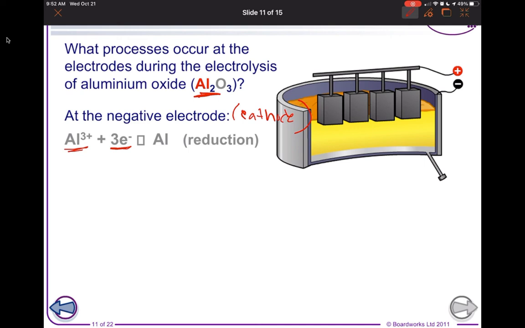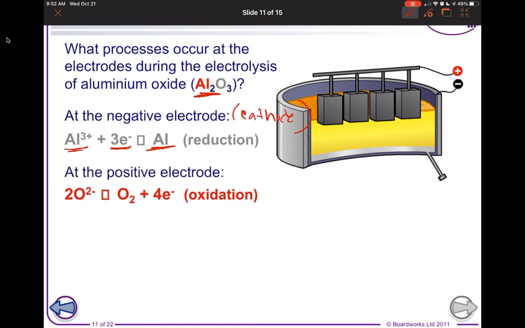It wants to gain those 3 electrons because what we're trying to produce is solid aluminum, which means the metal aluminum. All right. At the positive electrode, remember our positive electrode is called the anode.